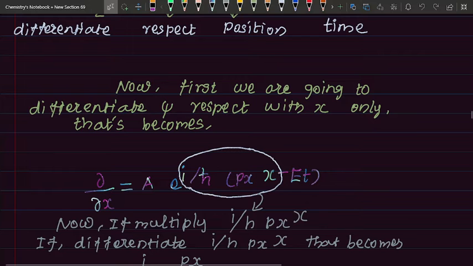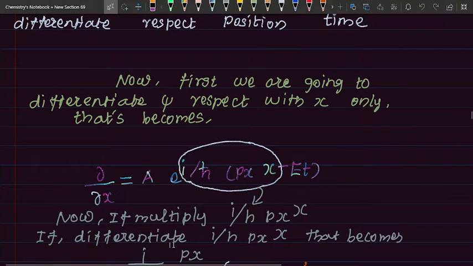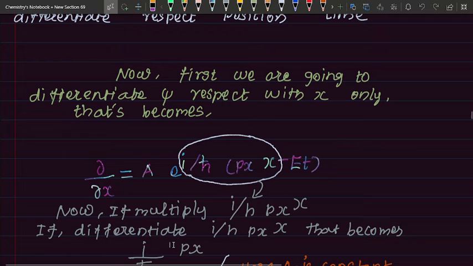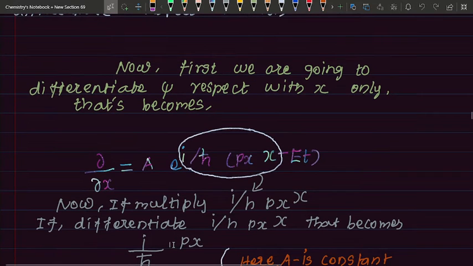That becomes dou psi by dou x equals A e power i by h cut (px x minus Et).